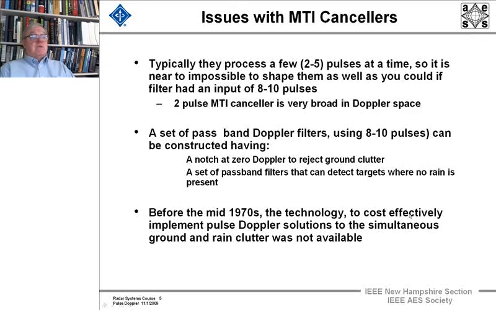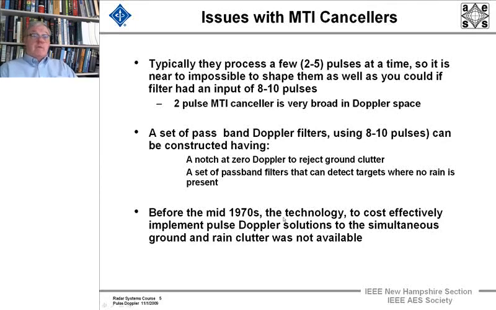And before the mid-70s, the technology to cost-effectively implement this kind of a pulse Doppler solution was not available. To kill my own thunder, I can buy PC boards off the shelf and program them to do this job. But in '75, it took 1,000 integrated circuits to do it. But cost-effectively for that time of day, you could implement that on a radar.